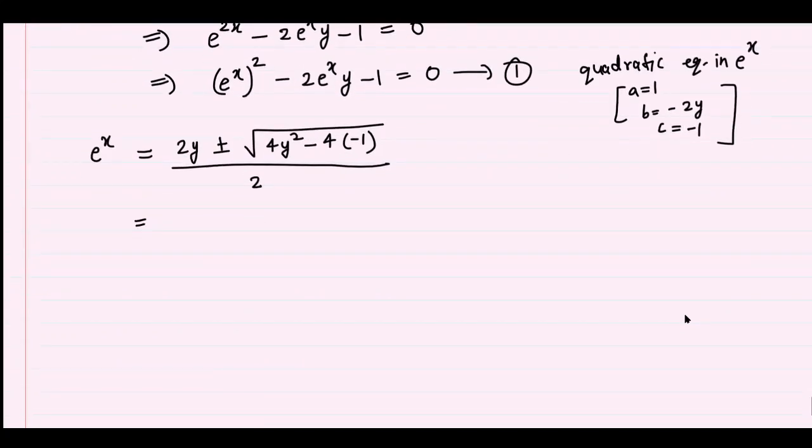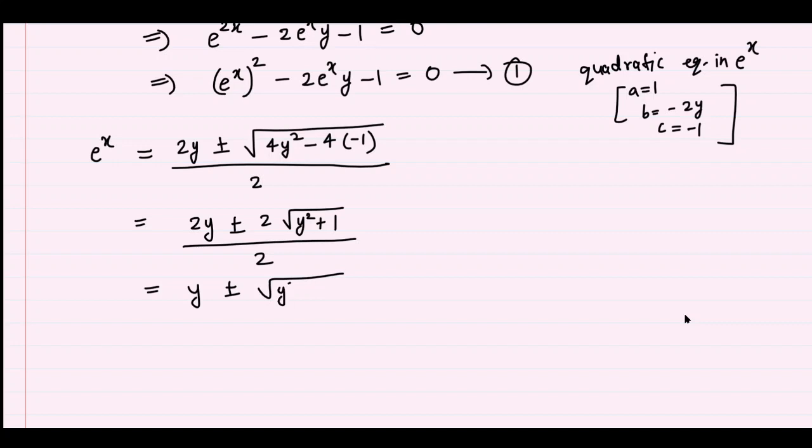So this becomes 2y plus or minus root of 4y square plus 4. So 4 can be taken outside. So when it comes out, it becomes 2 root of y square plus 1, whole divided by 2. 2 will get cancelled. So this becomes y plus or minus square root of y square plus 1.